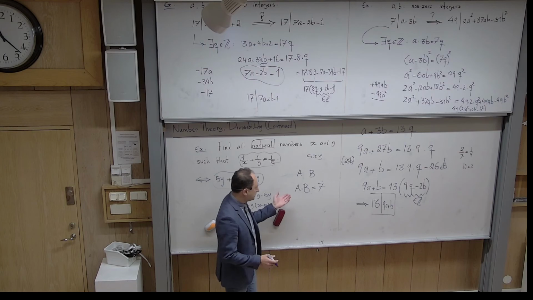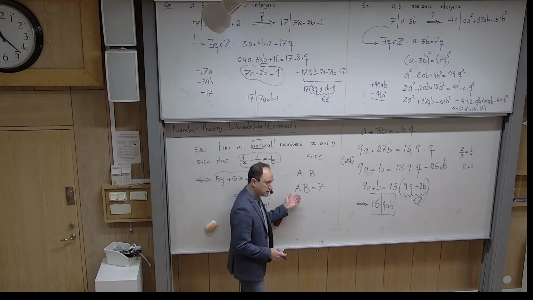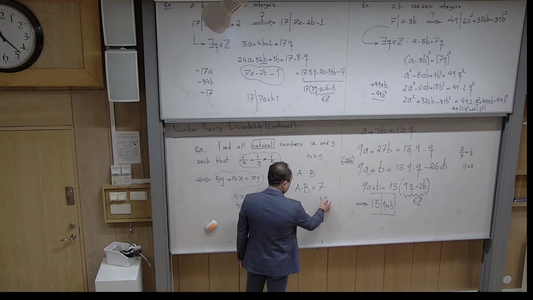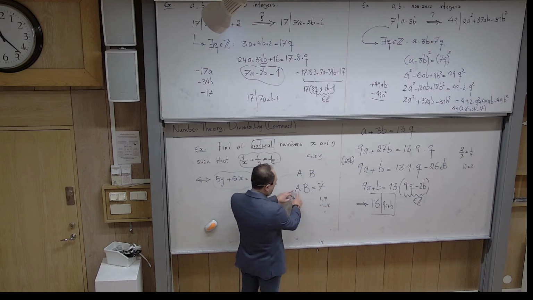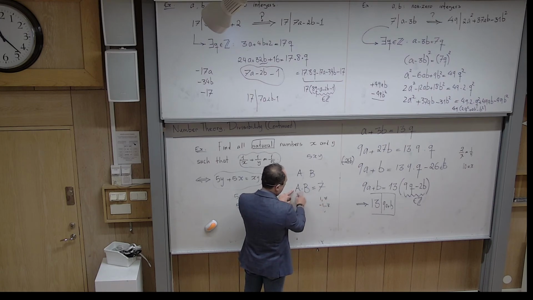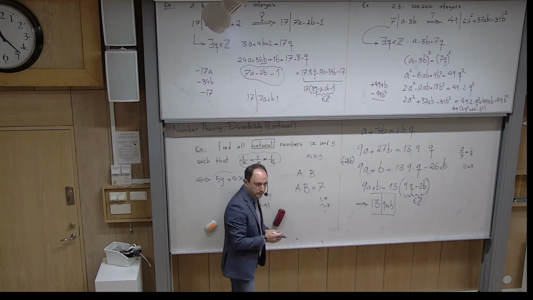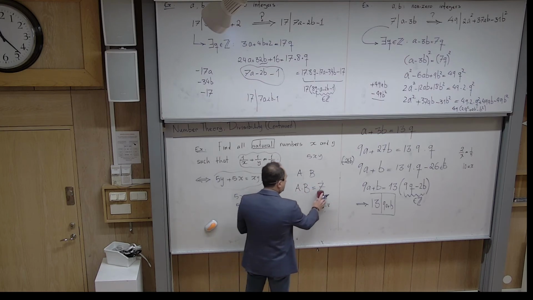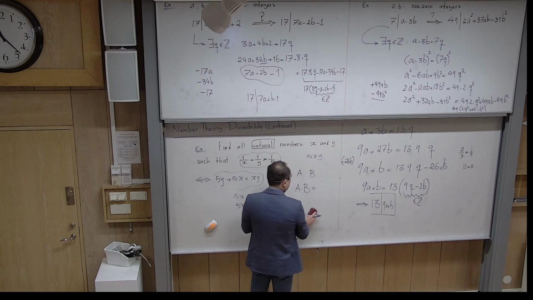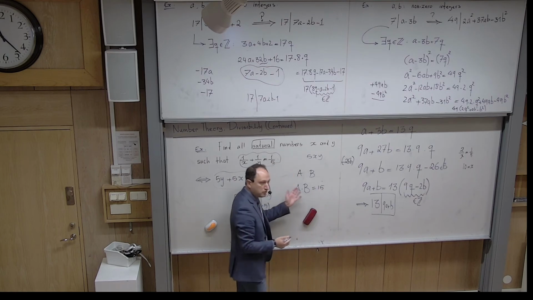How can you write it in general in integers? You can say 1 and 7. You can say minus 1 and minus 7. So one answer is that a is 1, b is 7. One answer is a is minus 1, b is minus 7. One answer is a is 7, b is 1, and etc.